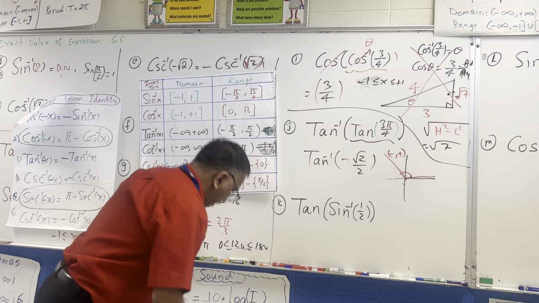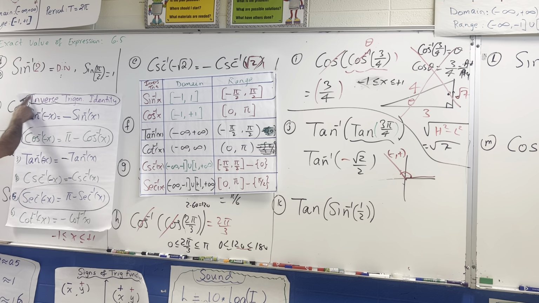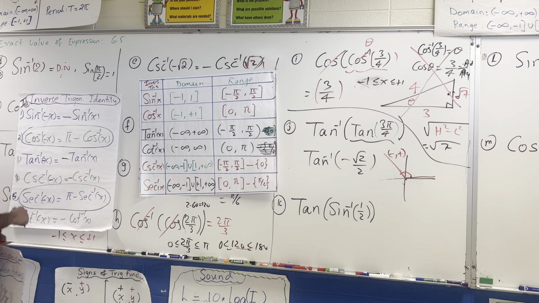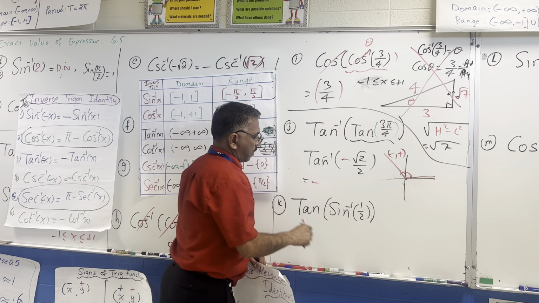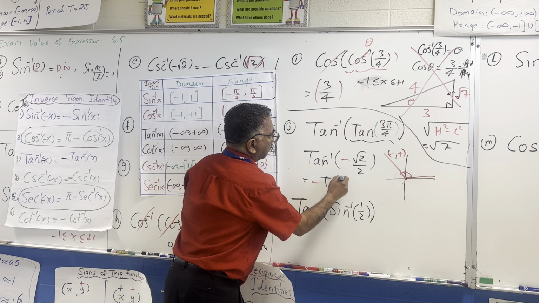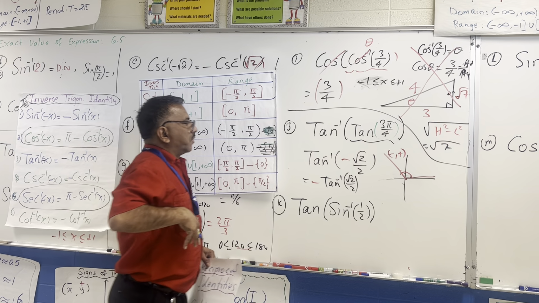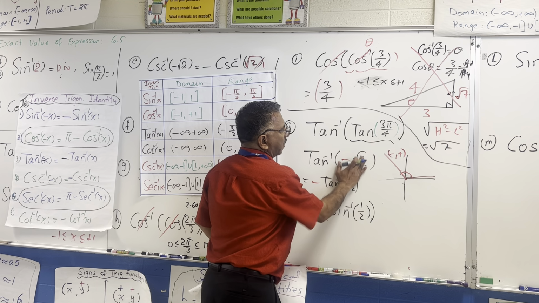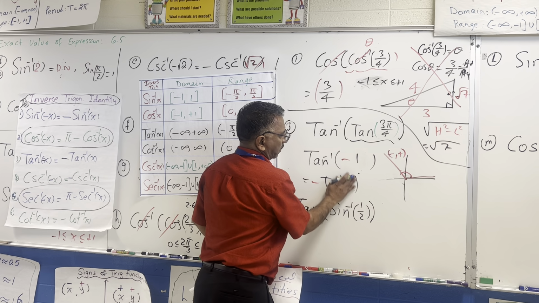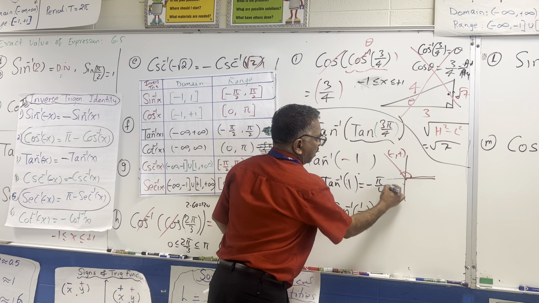And then you can use this rule and pull the minus out, so this will be minus tan inverse of 1. I made a slight mistake earlier, this should be 1 here. So tan inverse of 1 is pi by 4, and the answer is minus pi by 4, and done.